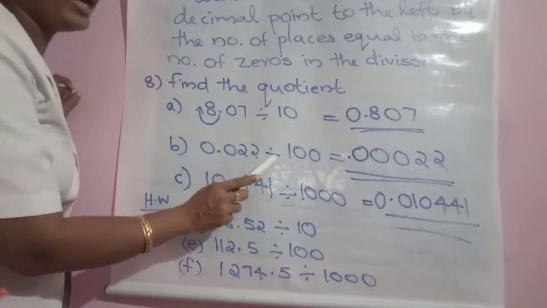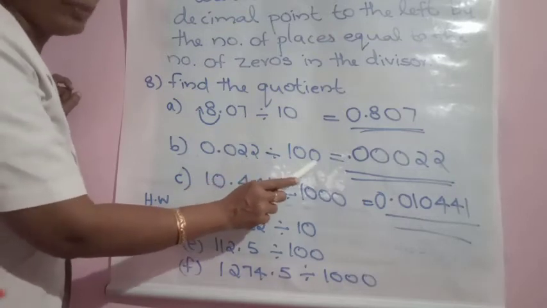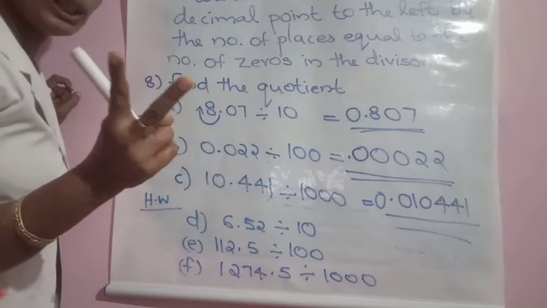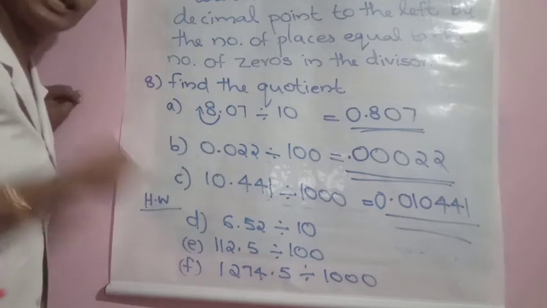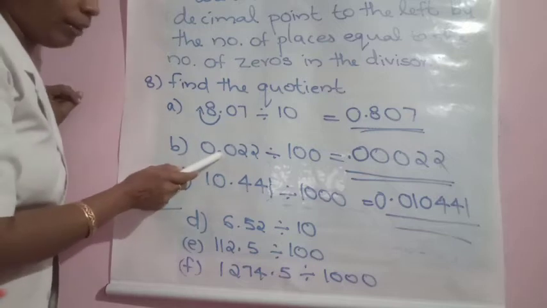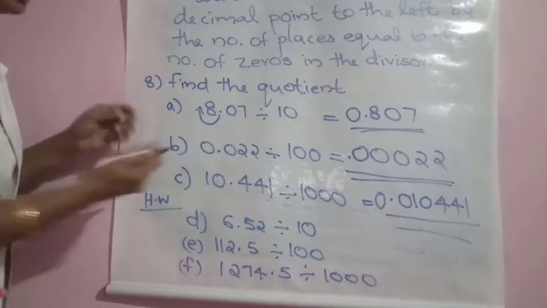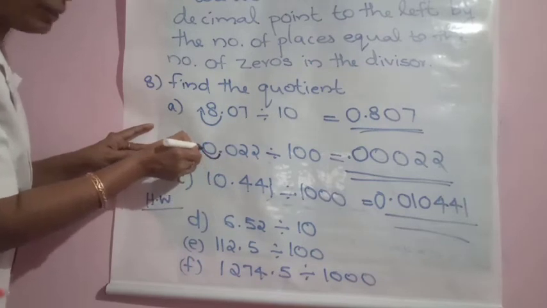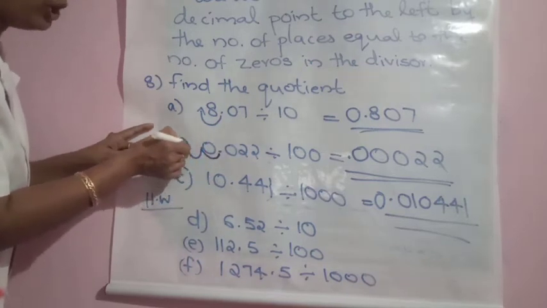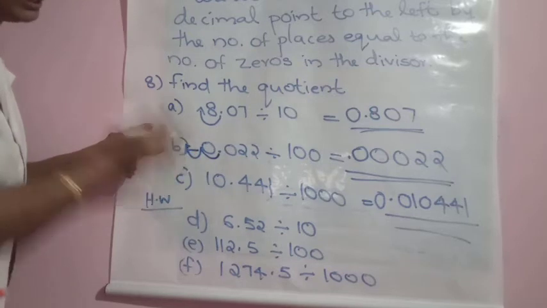Then 0.022 divided by 100. 100 has 2 zeros. So how many places? 2 places to the left. When we are moving the decimal point, 1 place is already here for us, but we have to move one more. So the digit is missing here.